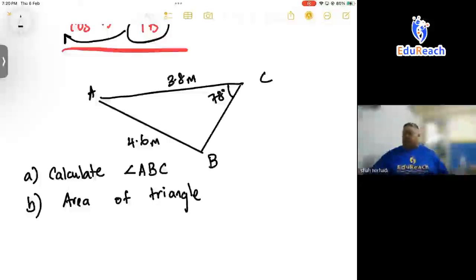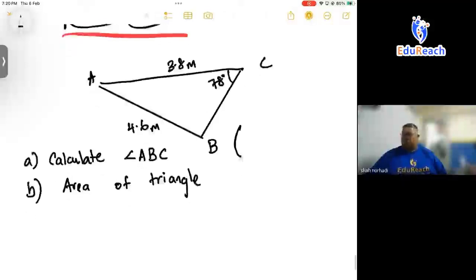So how do you calculate ABC? What do you use, Hamza? Sine rule. Show me the sine rule. Sine 78 over, okay, equal to sine ABC.